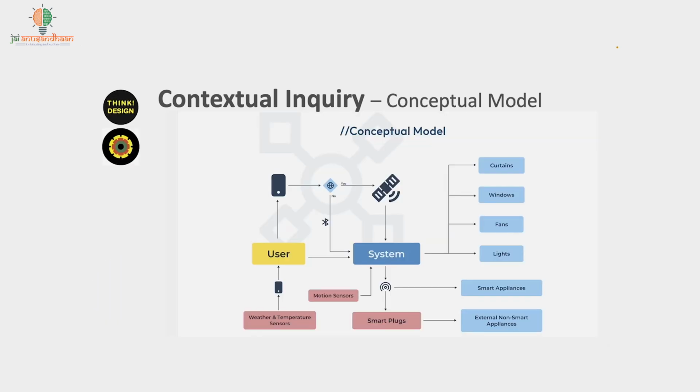One of the things they did was a conceptual model of the user with the system, how the system will control curtains, windows, fans and lights. It has motion sensors to find out if somebody has come into the room or not. There's a temperature sensor, so it kind of knows what the weather is.